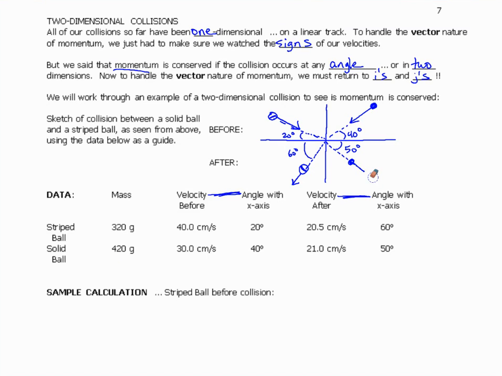Draw this a little bit shorter. It lost some speed in the collision. We're just going to keep the units we have, grams, centimeters, not a big deal. We're not going to end up with newtons, but everything here has the same unit and it's going to work out the same. So for now, we're just going to stick with the units we have.